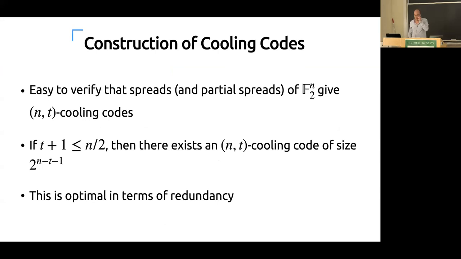So now the construction of cooling codes becomes possible. One easy construction is wire spreads. I apologize to tomorrow's speaker for appealing to geometry. A spread would actually give you a cooling code. A spread is basically a partition of a vector space, in this case a binary space, into subspaces of a constant dimension.